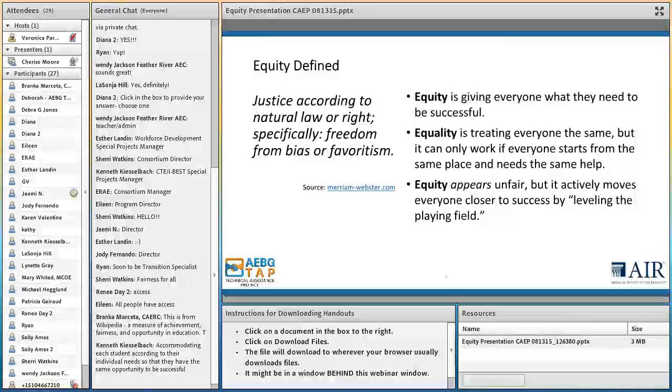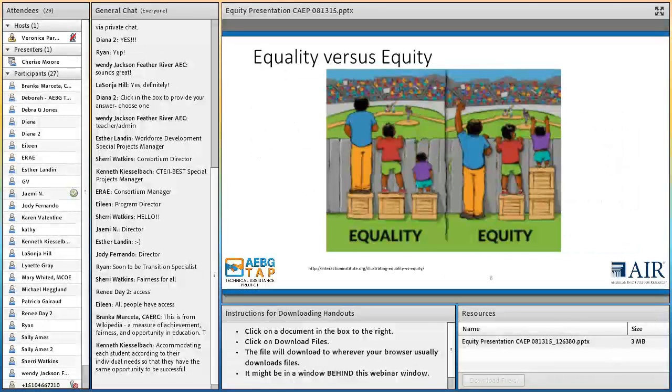But it is giving everyone what they need to move closer to success, because this is a term that people either like or don't like. It is indeed leveling the playing field. I'm a visual learner. I'm one who says, look, you just got to see it. So here it is for you to look at.